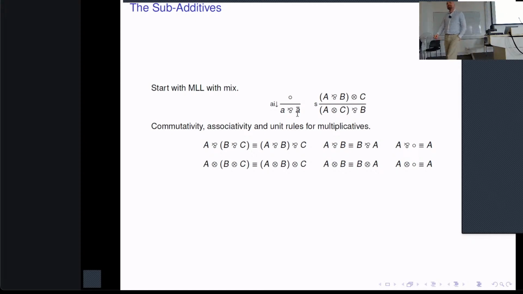Next question: what's stopping the tensor and par from collapsing into one connector? Shared unit and stopping the collapse. You cannot prove that one implies the other. I don't think that's answering your question. The switch has a clear direction, right? You can't go the other way.